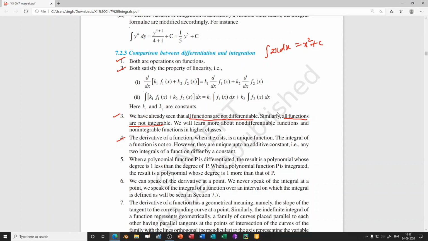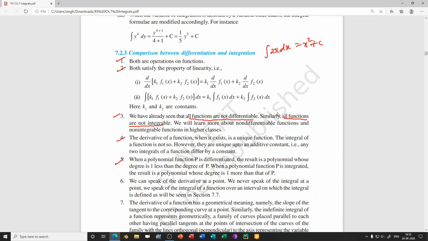The derivative of a function when it exists is unique. Suppose we differentiate x square plus c, we get only one answer, that is 2x. But when we integrate 2x, we get many answers. That is why we write c. So x square, we get in fact a family of curves, so we write x square plus c.